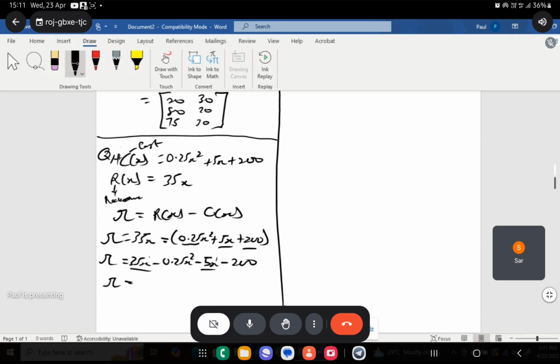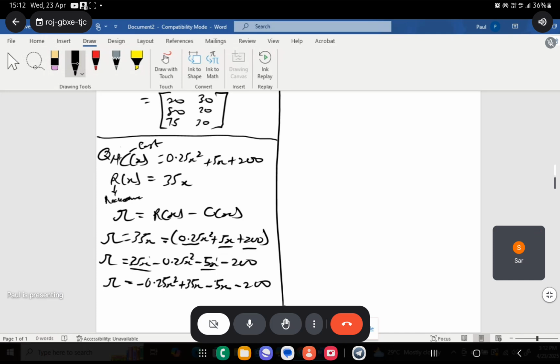Let me group like terms and show you. So from here we group like terms. So here will be 35x minus 5x, then here will be minus 200. Okay.